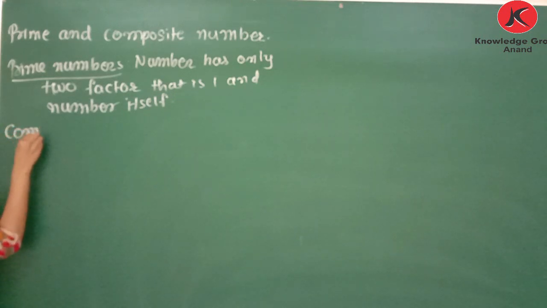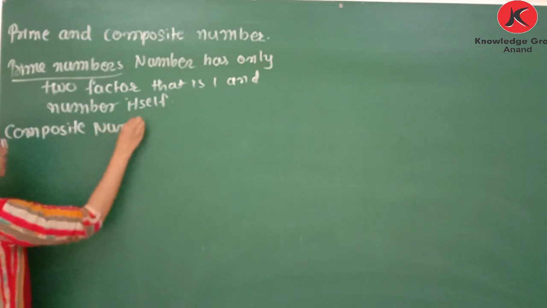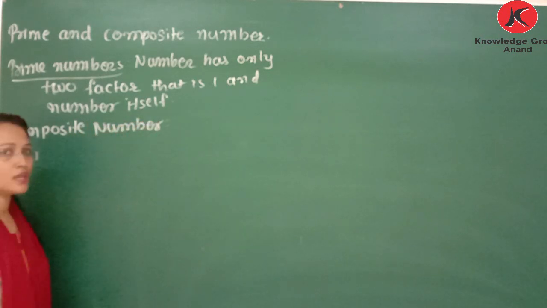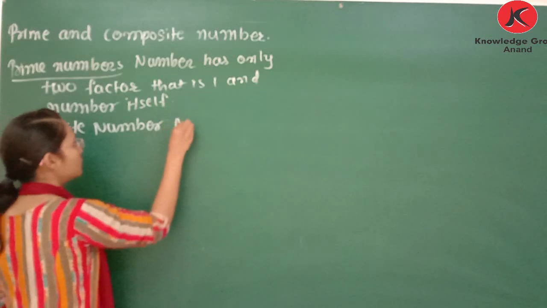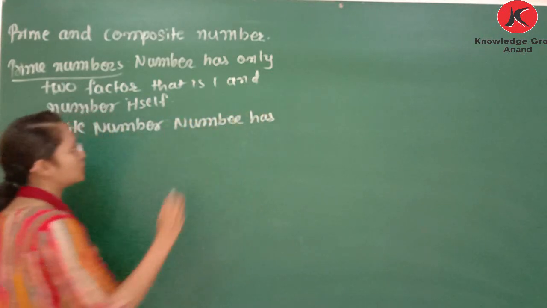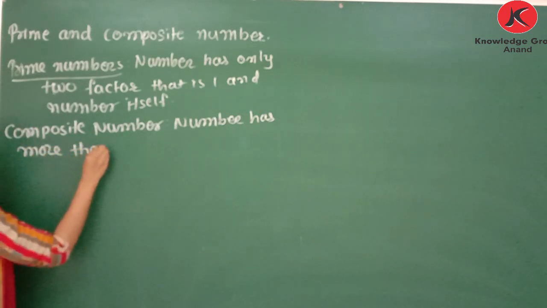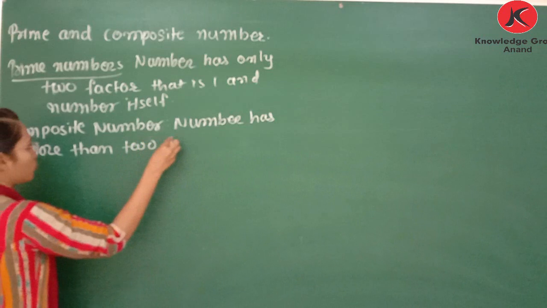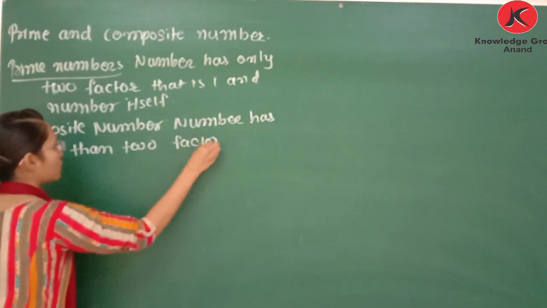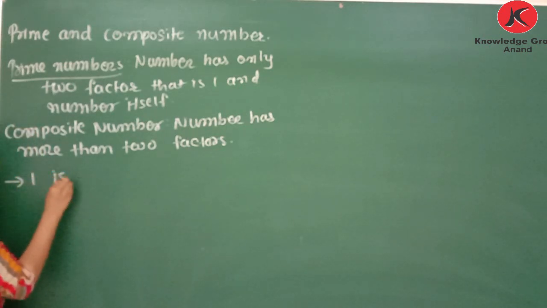Composite number: a number that has more than 2 factors. So which are the prime numbers? You can say one is non-prime, non-composite.